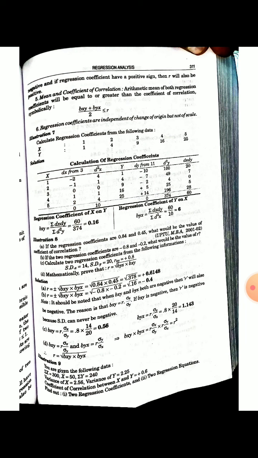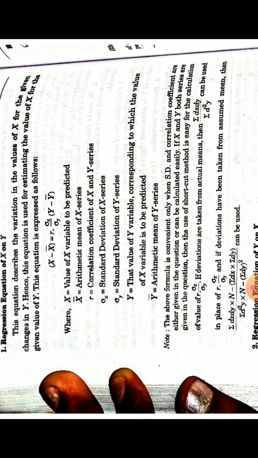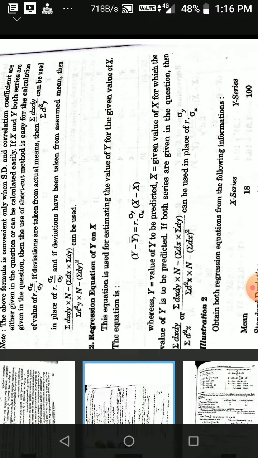You are given the following data: sigma x, x bar, sigma y, variance of x 2.56, variance of y 2.25, and coefficient of correlation between x and y equals positive 0.6. Now you have to calculate two regression coefficients and two regression equations. The formula of regression coefficients you already know, and note down the formula of regression equations.